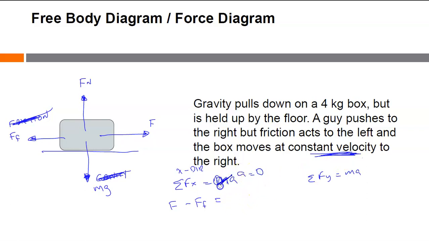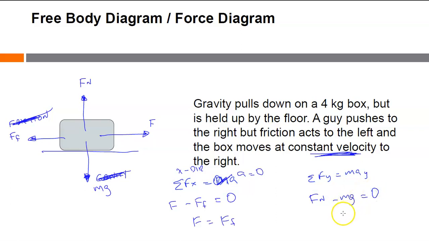So that would actually drop out, and the force to the right perfectly equals, in magnitude but opposite direction, the friction. And so those cancel out. I'm pushing to the right, but just enough to overcome friction and keep it moving at the same speed, constant velocity. In the y direction, I got the normal force up. I got mg down. The acceleration in the y direction is 0.